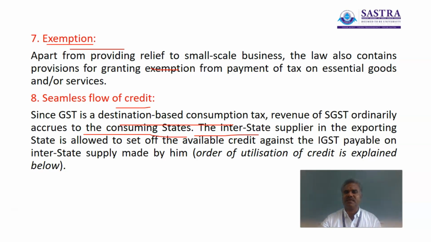The interstate supply in the exporting state is allowed to set off all credit against IGST payable. Here there are payment procedures. We will discuss later. You need not worry about that. We will discuss all methods of payment and methods of settlement, one by one.